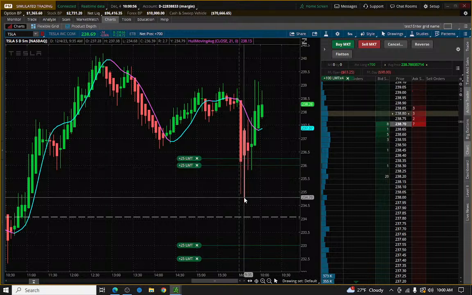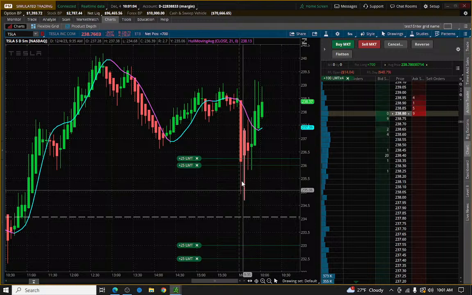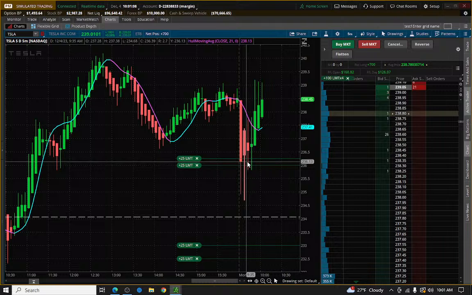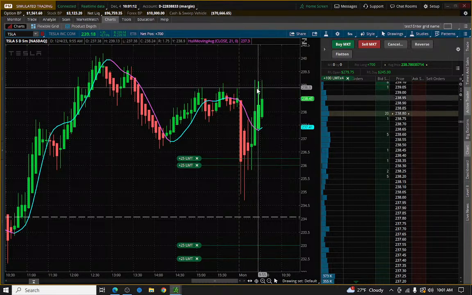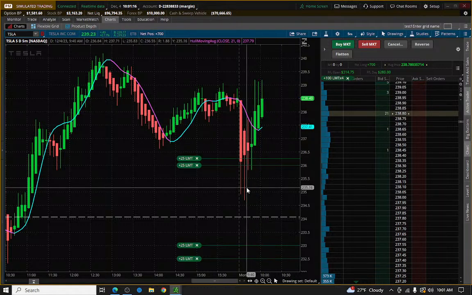That's a liquidity grab. The market makers are buying down here, they're buying in these wicks, and they sell in these wicks. But she's on her way up.